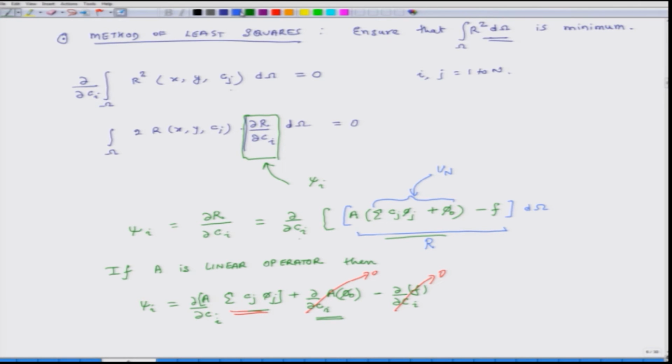The next thing you should look at is that this term will basically be del over del Ci of A of, let us say, C1 phi1 plus C2 phi2 and so on, till Cn phi n.